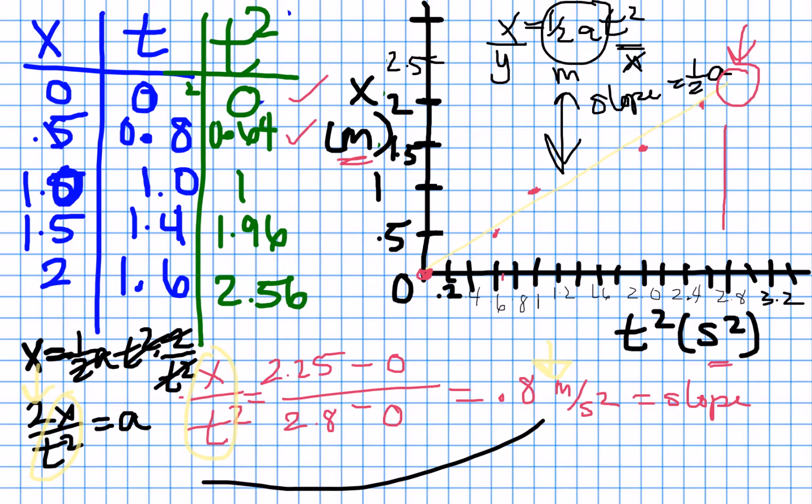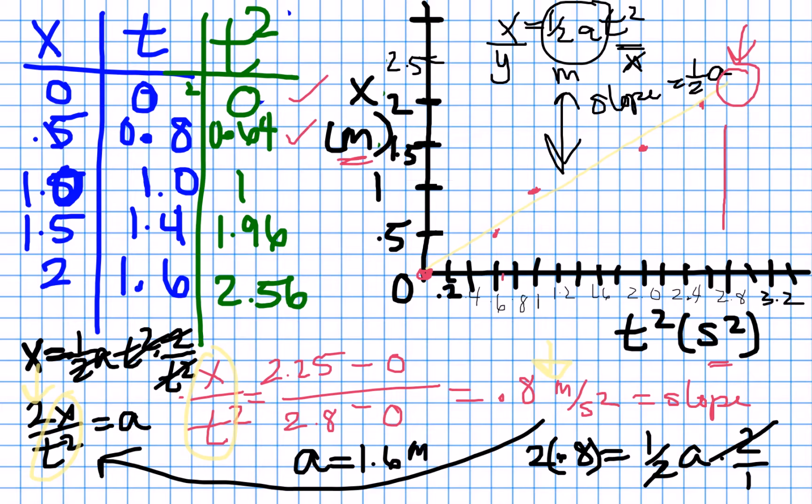So we can essentially plug this in here, or you can even just set your slope equal to 1/2 a, and you'll see that the only way to get that is to multiply by 2 on both sides. If we do that, we get 1.6 meters per second squared as our acceleration.